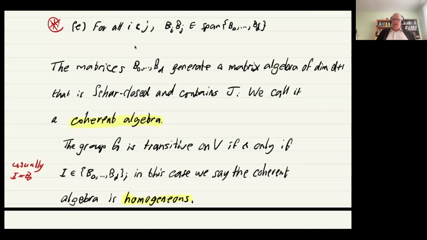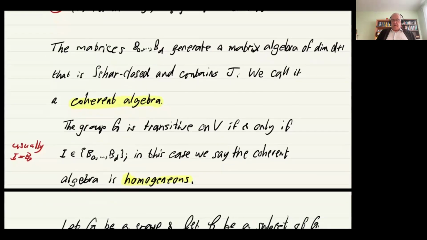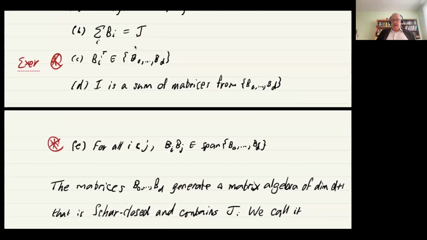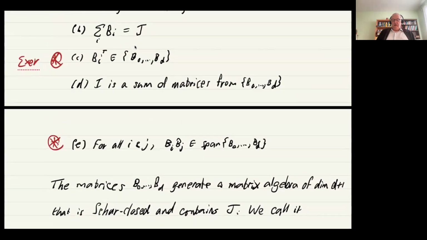Now, not every coherent algebra has anything to do with groups, so they're more general. These will come up again when I talk about quantum homomorphisms and related stuff, and at that point I will go over this a second time. There'll be a few questions on the assignment related to this. The key properties which aren't immediately obvious are closure under transpose and this product.